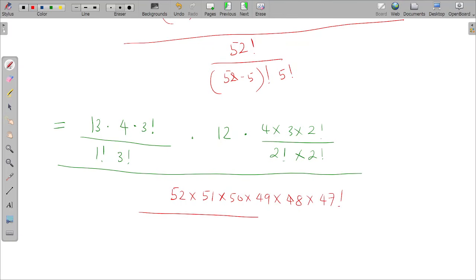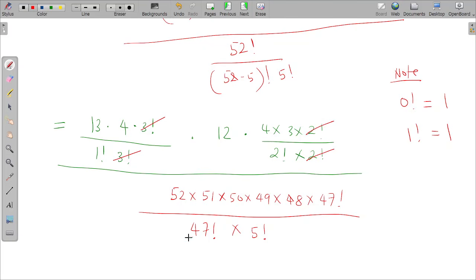I will stop there because the highest one in the denominator is 47 factorial, then multiplied by 5 factorial. So I can now use this to cancel this. Take note that 0 factorial is equal to 1, and 1 factorial is equal to 1. So we cancel this, this is 13 so we also cancel one of these, and the 47 we cancel with this one.